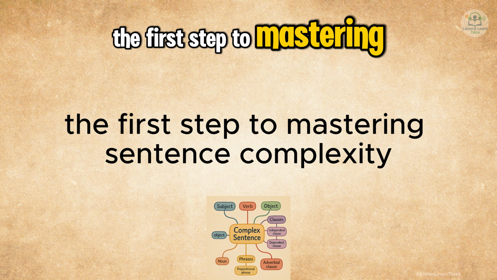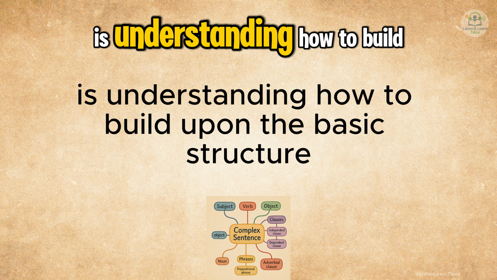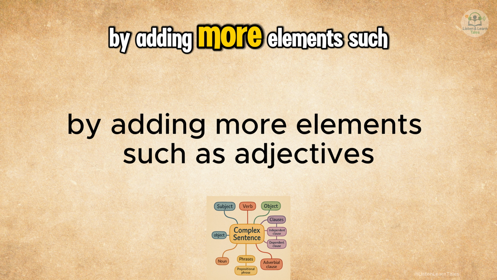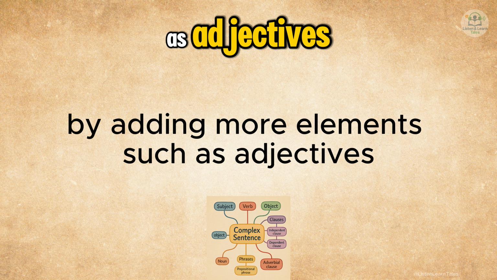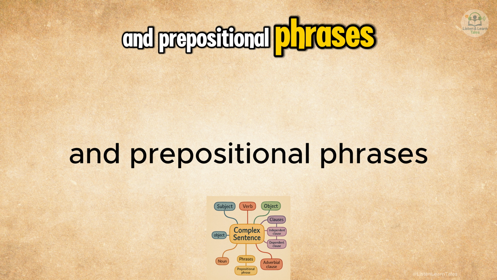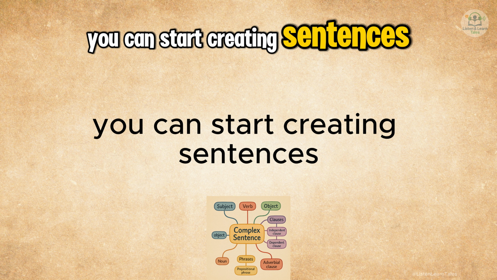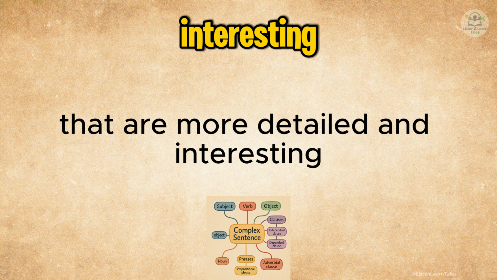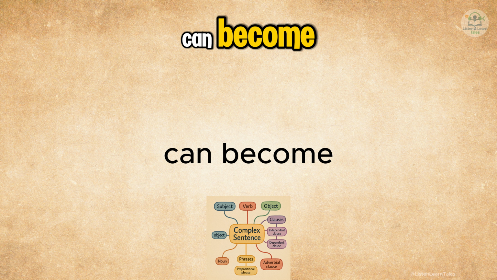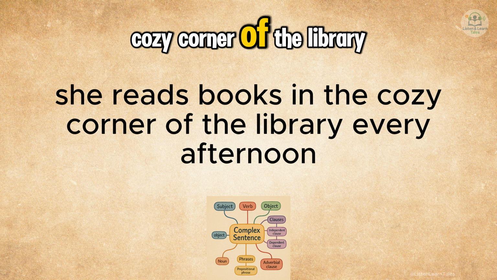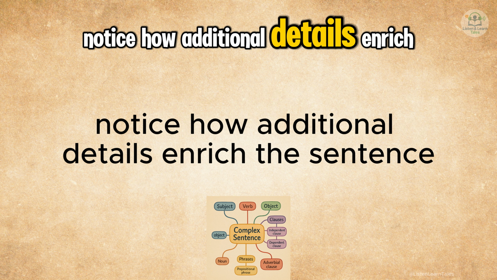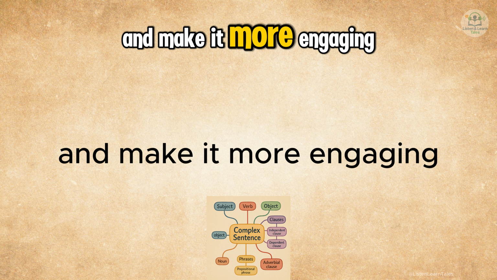The first step to mastering sentence complexity is understanding how to build upon the basic structure. By adding more elements, such as adjectives, adverbs, conjunctions, and prepositional phrases, you can start creating sentences that are more detailed and interesting. For example, "she reads books" can become "she reads books in the cozy corner of the library every afternoon." Notice how additional details enrich the sentence and make it more engaging.